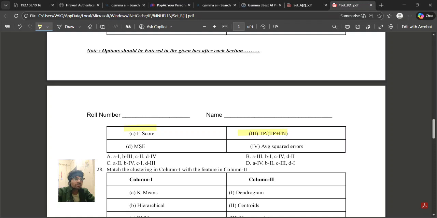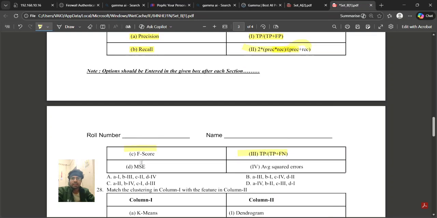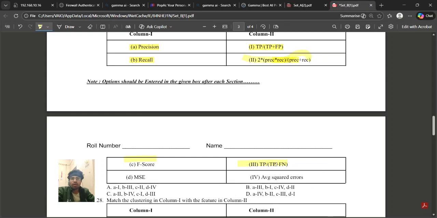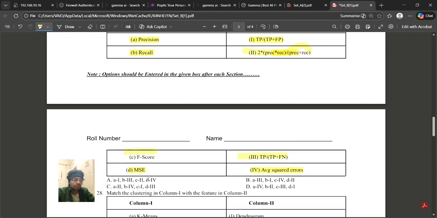This is our answer for F score. Now MSE means mean squared error, the average squared error. That's the last match.